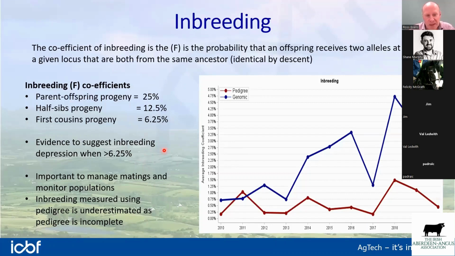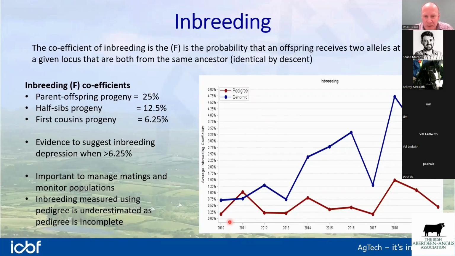So in ICBF we have mating advice and sire advice, and there's a limit put in there at 6.25%. It is always important to monitor the matings and the populations. Over here on the right-hand side, I'm going to give an indication of the difference when looking at a pedigree-based inbreeding calculation, which just uses what's recorded about the sire, the dam, and the previous generation.